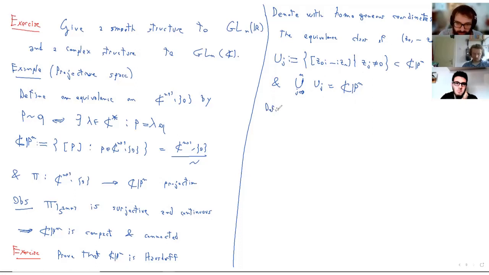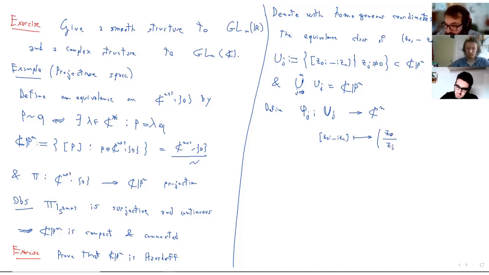And so we define phi j from Uj into the whole Cn. This is surjective. It takes z0 through zn and sends it, as you were saying, to the n-tuple z0 divided by zj, and on Uj, zj is not 0, so this is perfectly allowed.